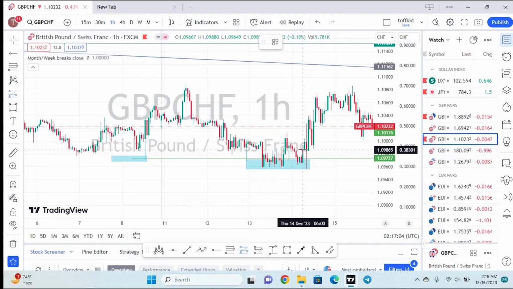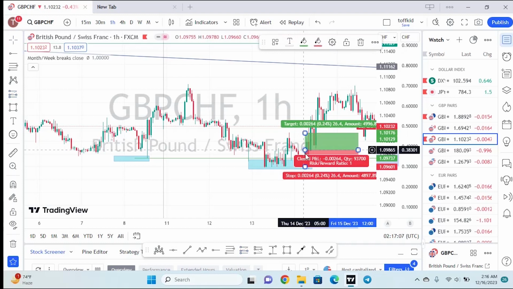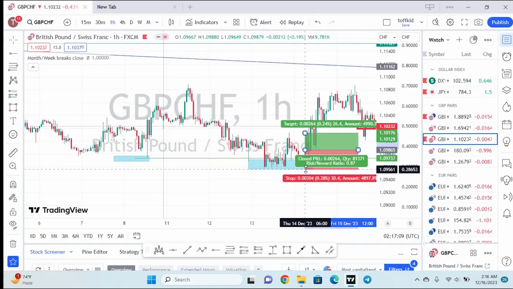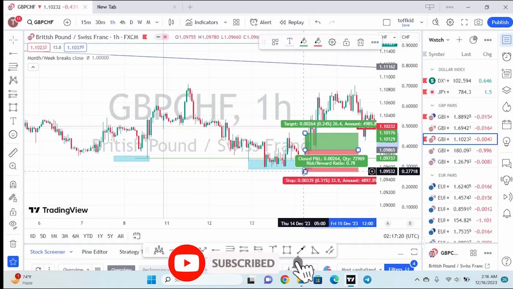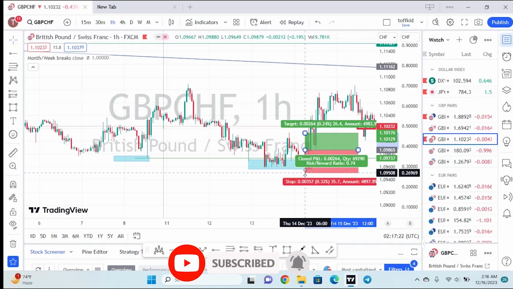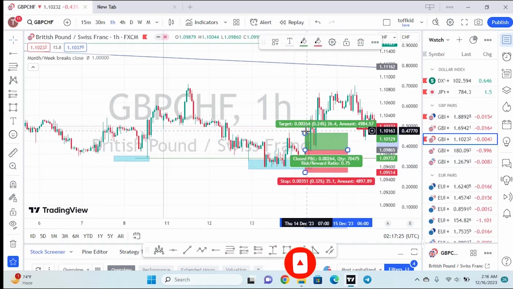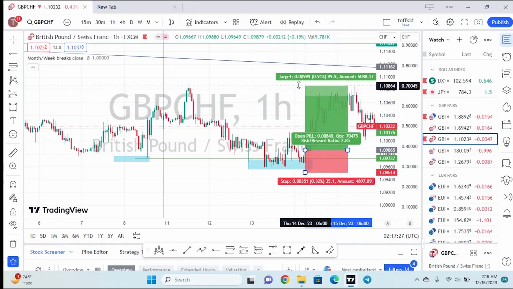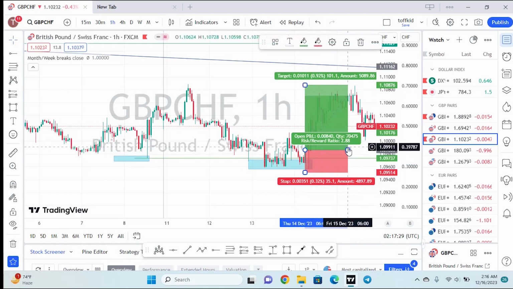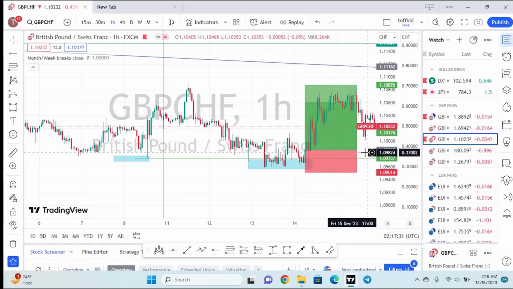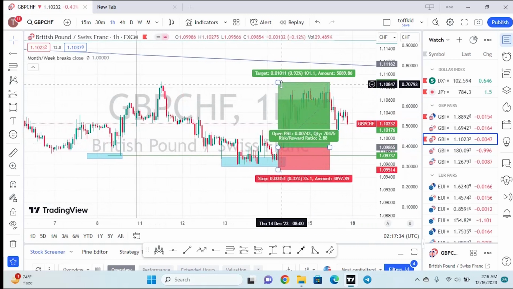This is where I'm gonna be placing my trade after the 1 hour close, and then my risk will be beneath this structure right here. I'm considering a 35 pips stop loss. That's cool, and I'm targeting this structure right at this point.